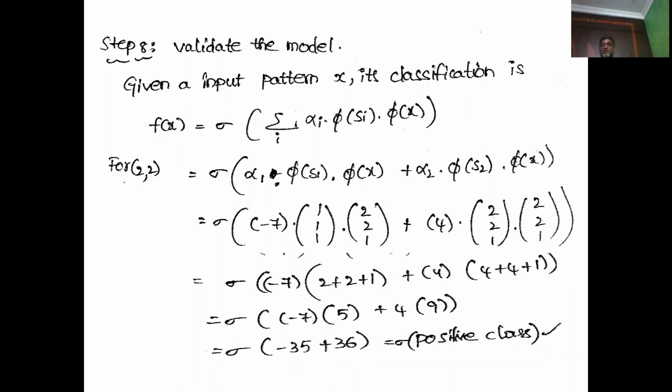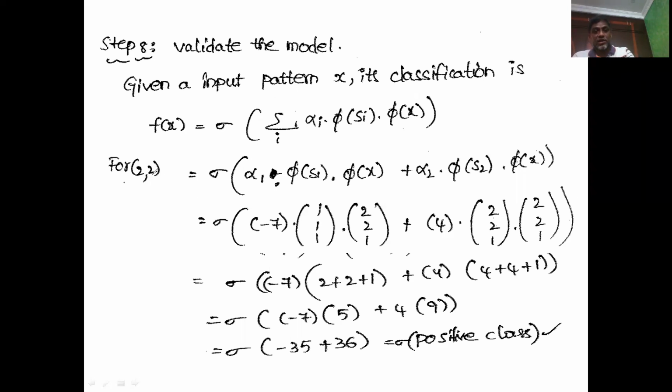Once we design the non-linear SVM, the last step is to verify whether our model is performing well or not. We call this step validation of the model. For this validation purpose, we take any input pattern given in the set of tables and verify whether the model is performing well for the corresponding input labels.